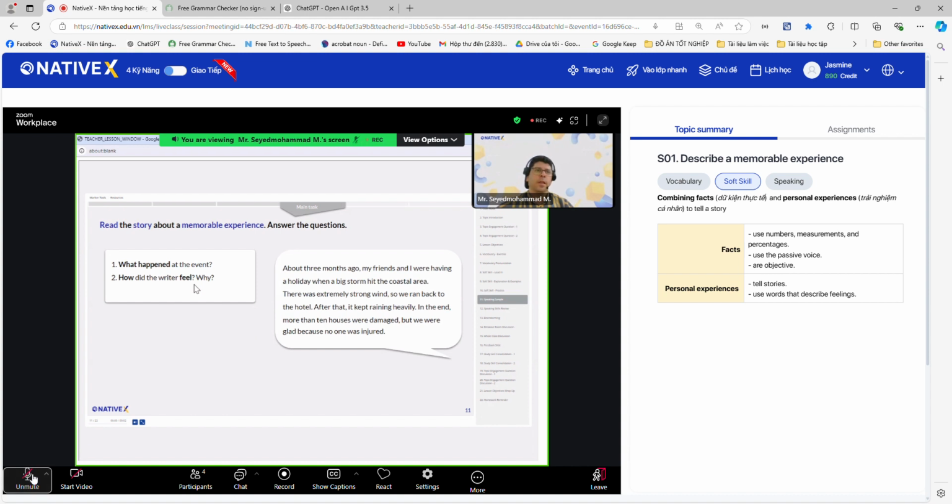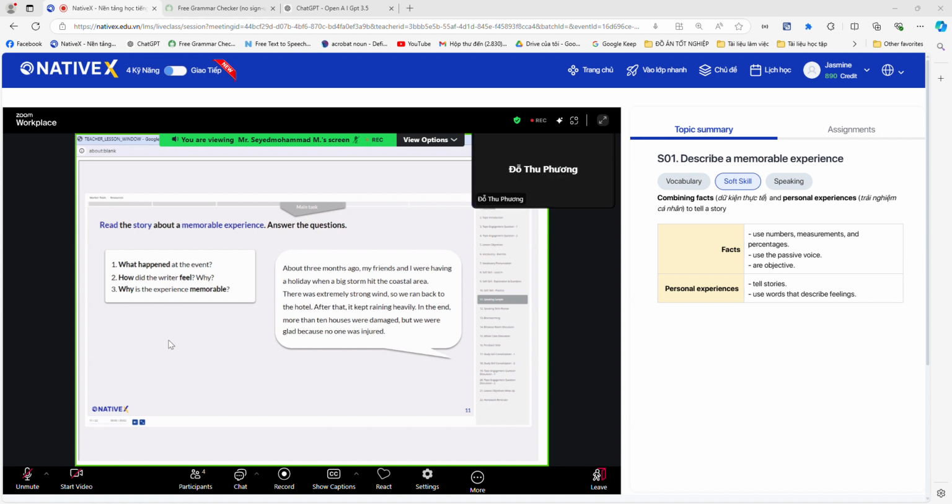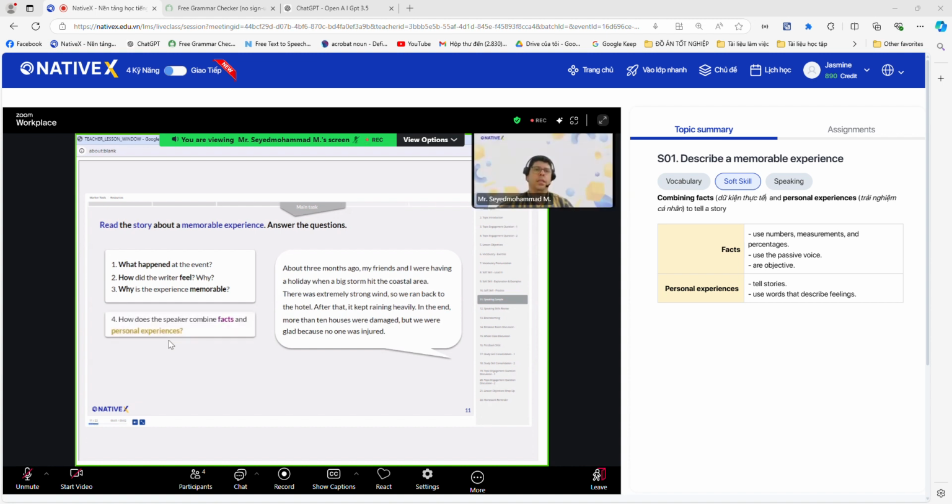Okay. And Huang, why is the experience memorable? Because it happened to the writer. Okay, it happened to the writer. And how does the speaker combine facts and personal experience? Huang, go ahead.